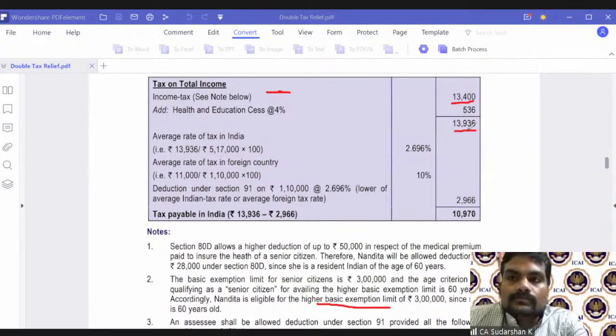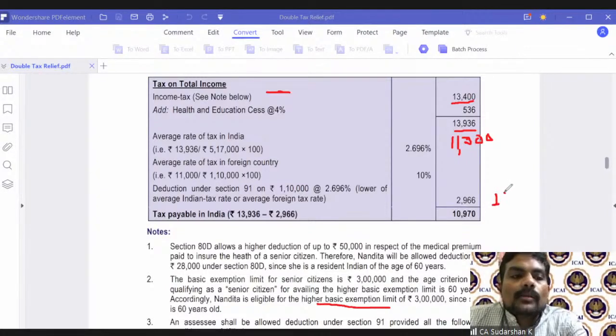Now, normally, if they had said complete full credit is given, that is whatever you have paid in foreign, the complete amount you would have got, then this is called full tax credit. I would have taken the entire 11,000 as credit.